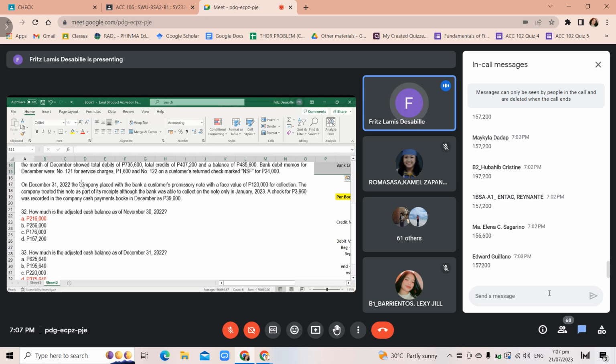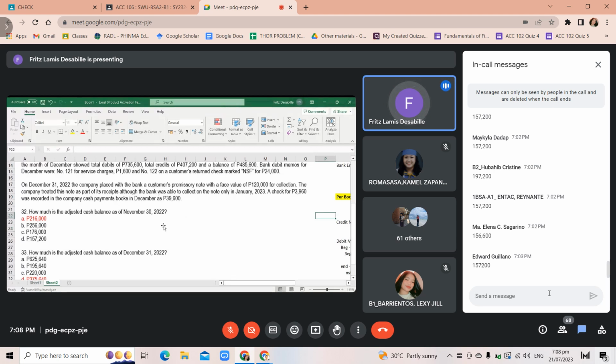December, the company placed with the bank also with the face value, the company treated as part of its receipts, although the bank was able to collect it, correct. A check for 3960 was recorded in the company cash payments books as, all right, another book error. So this time, we recorded the disbursement as 39,600.